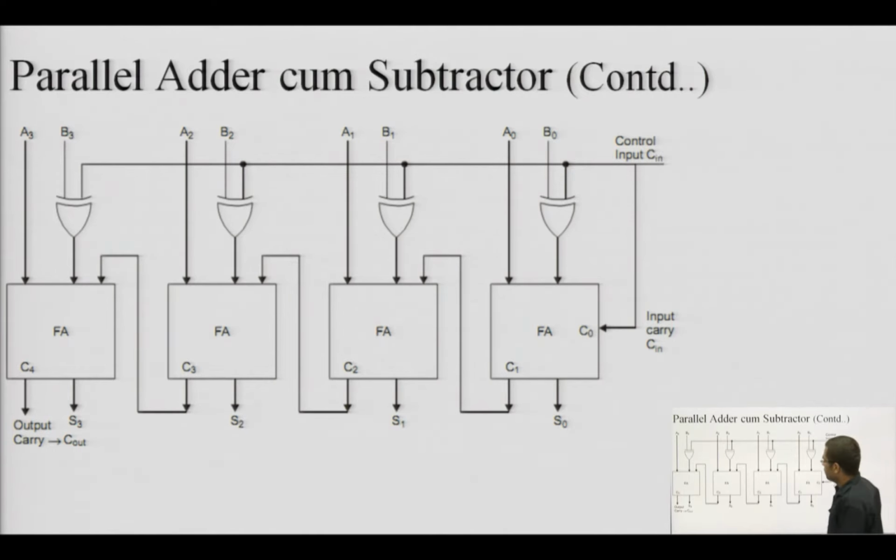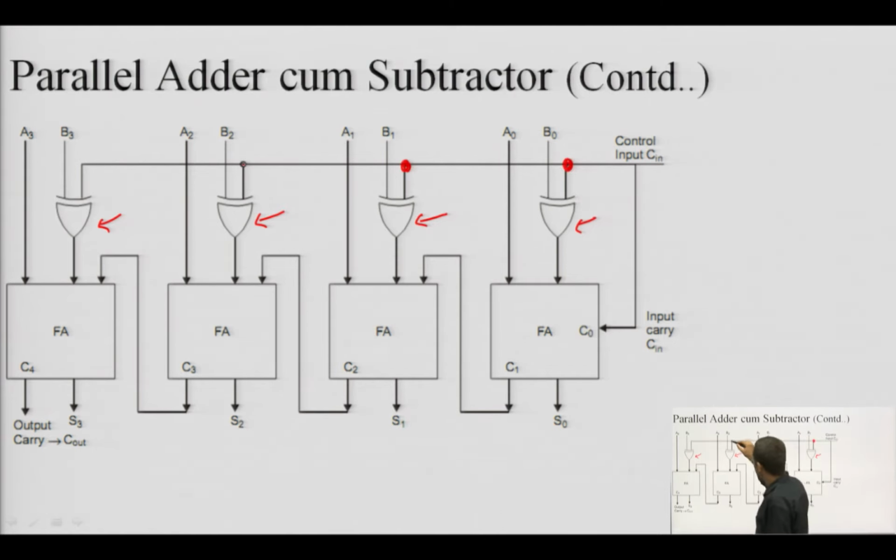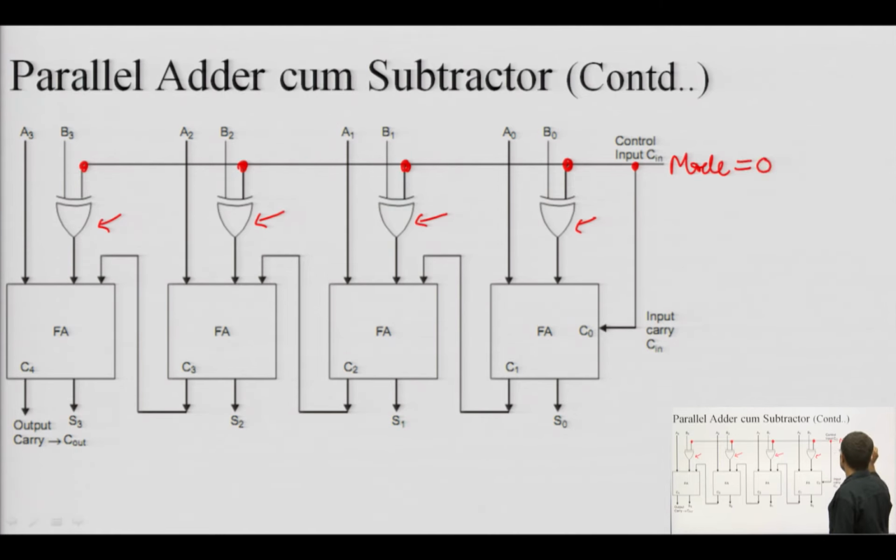As we can see, the B wires are not entering the full adder directly, they are entering using these XOR gates, and one input of these XOR gates is mode controlled. So, if I choose mode equal to 0, then this B0 will directly reach there without getting complemented.